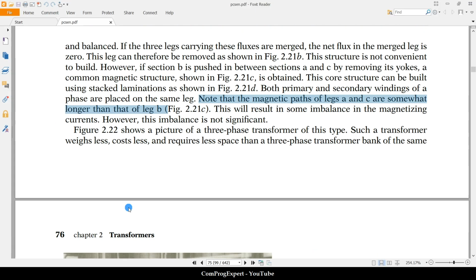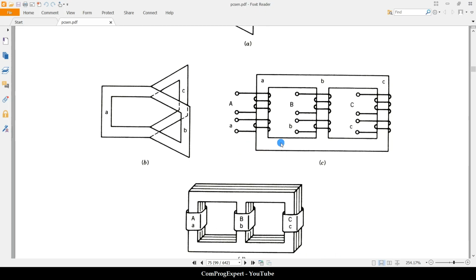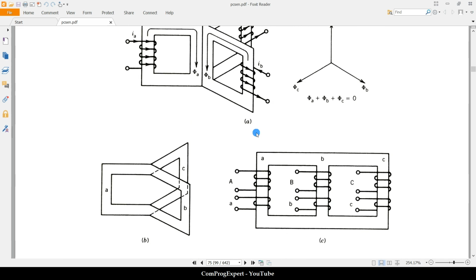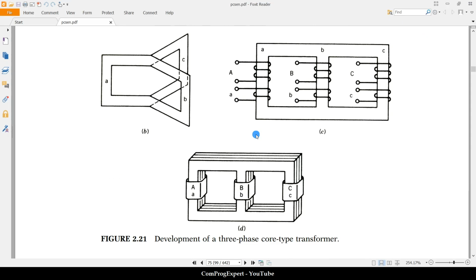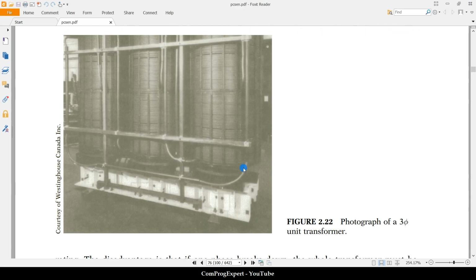So this is just a quick review on how we can propose this structure for three-phase transformers instead of using three single-phase transformers, and the reason how we proposed this design. So you can review this subsection and check.